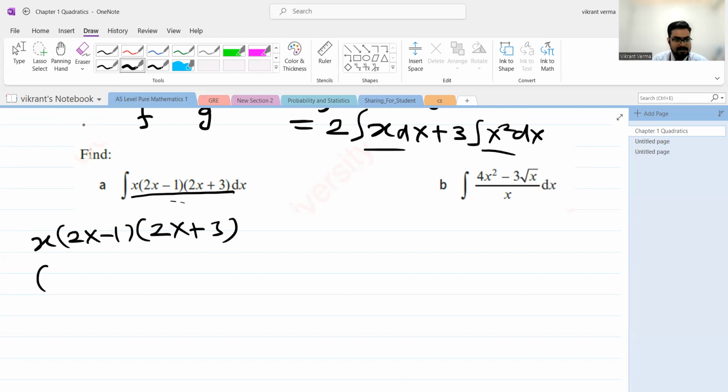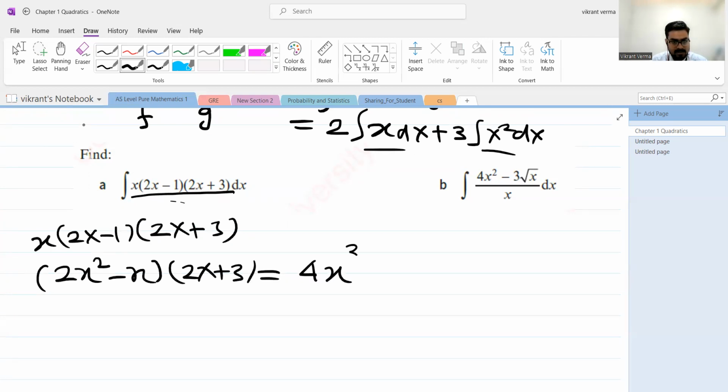So first I am multiplying this x with this first expression: it is 2x square minus x, then it is 2x plus 3. So it will be nothing but 4x cube plus 6x square minus 2x square minus 3x. So this entire expression is nothing but this value.